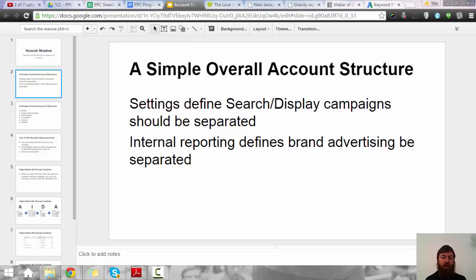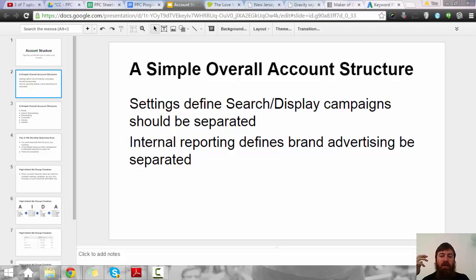Just by the way optimization rules and everything are done, search and display campaigns have to be separated.